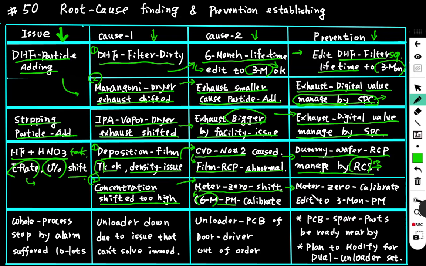So the prevention action is that the concentration meter 0 point calibration job is added, from every 6 months to every 3 months PM job.